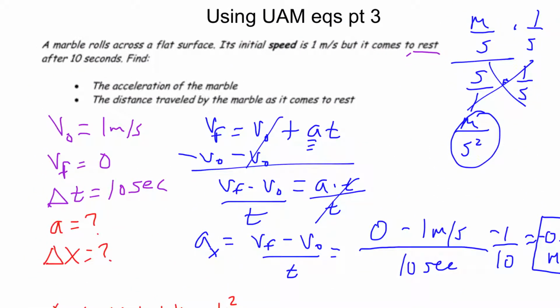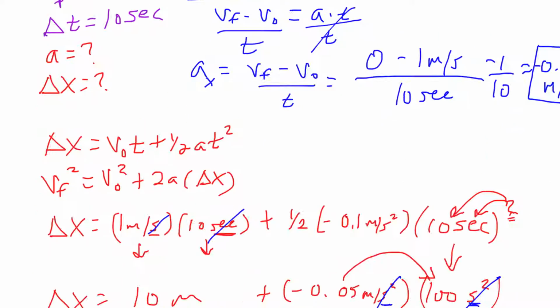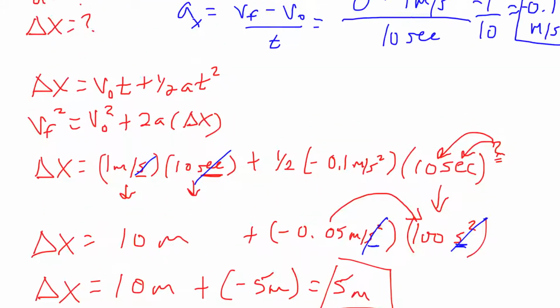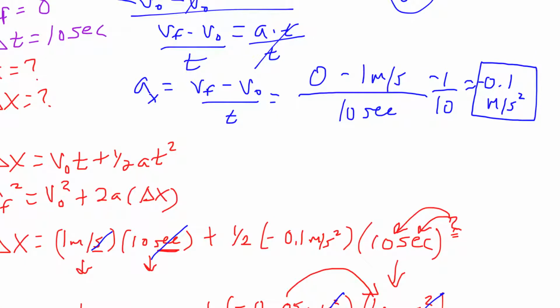Here we have 1 sig fig and here's 1 sig fig. So our answer can only have 1 sig fig. And this one does only have 1 sig fig, so we're good to go on that one. So we figured out that the marble traveled 5 meters and that it had an acceleration of negative 0.1 meters per second squared.